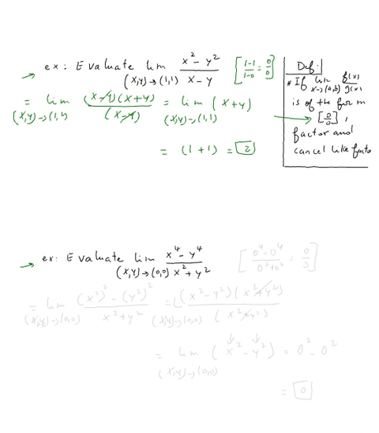Again, same thing for this example. If we plug in (0, 0), we get 0 to the fourth minus 0 to the fourth over 0 squared plus 0 squared, which is of the form 0 over 0. So since the limit is of the form 0 over 0, we factor and simplify, or cancel the like factors. So x to the fourth is the same thing as x squared squared, y to the fourth is y squared squared, over x squared plus y squared.